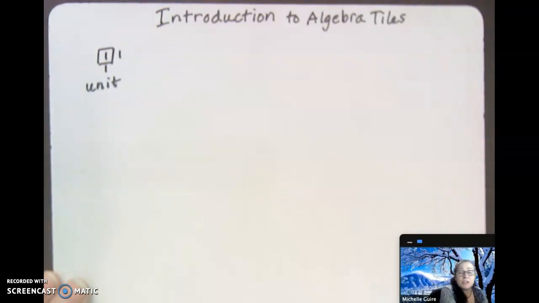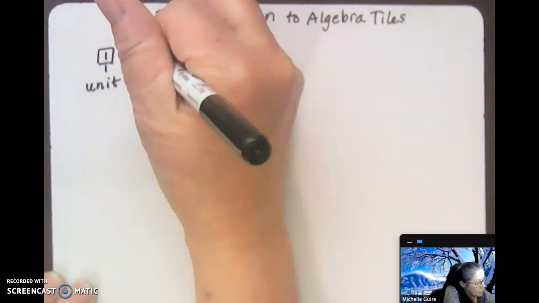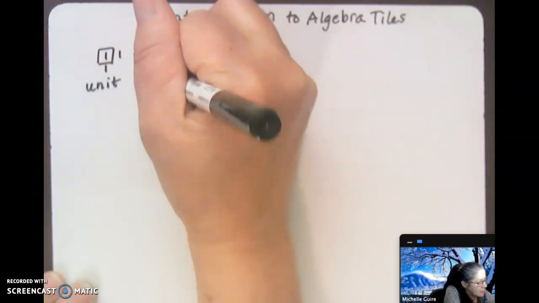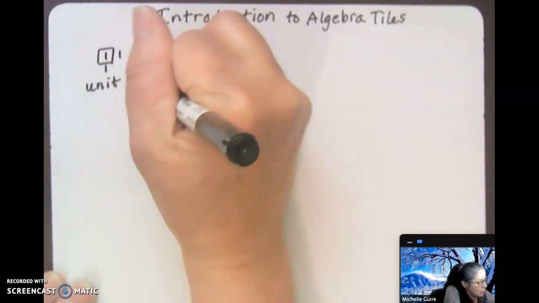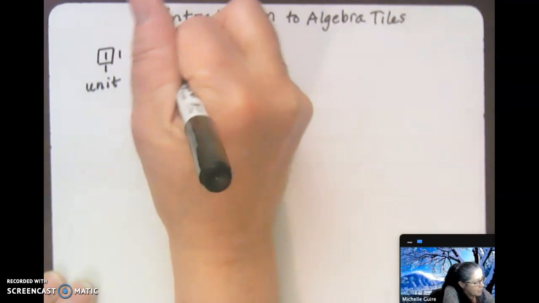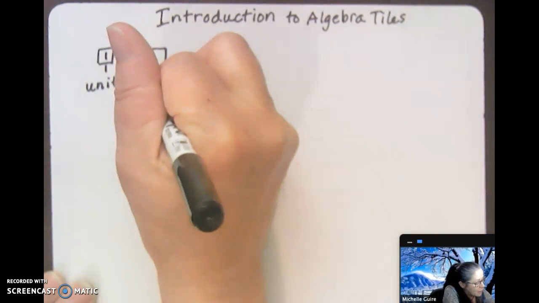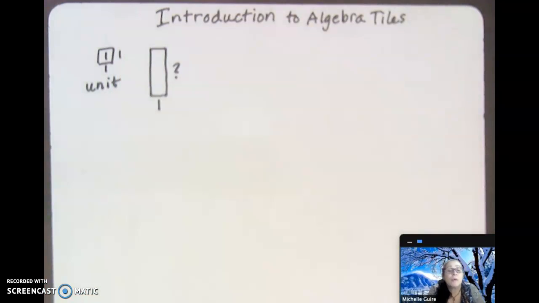Then we're going to draw another tile with the base of 1 and a height that's unknown. So we don't know what the height is, but we know the base is 1. And in algebra, when we don't know what the height of something is, what do we use instead of the number?